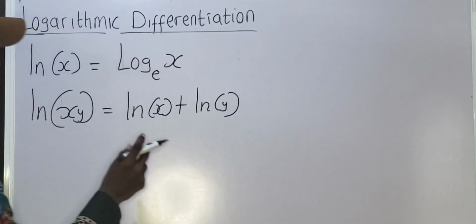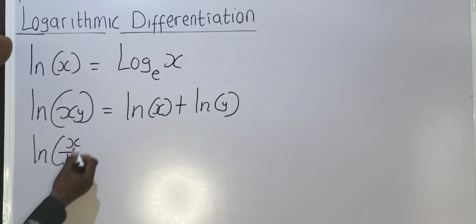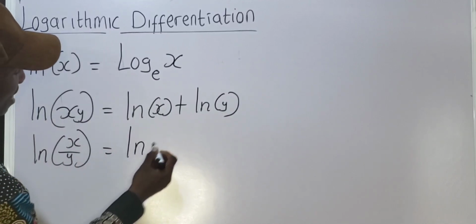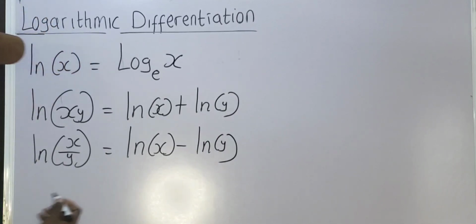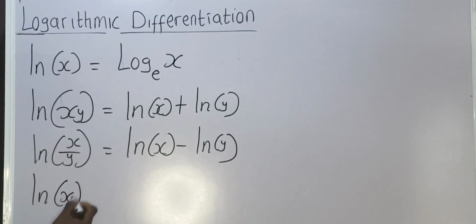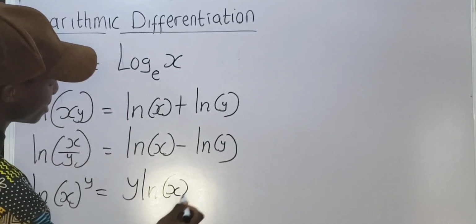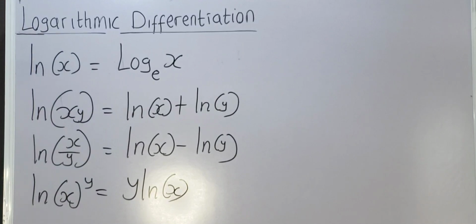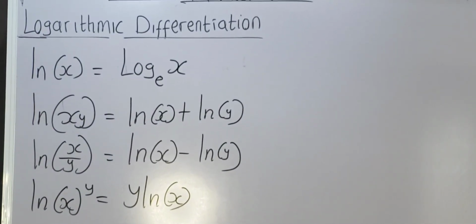Please note that if I have ln x over y, this can be written as ln x minus ln y. Do you understand? So if I have ln x raised to the power of y, this can be written as what? Y ln x. Please, it is very, very important that you note that. So these are the three fundamental laws that we are going to make use of in this topic, logarithmic differentiation.